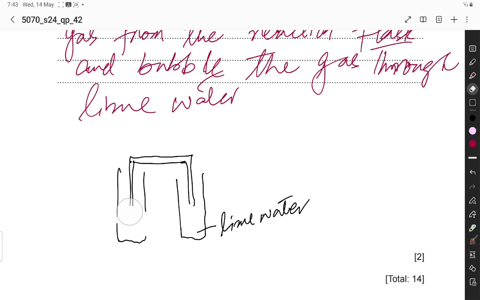This is the reaction in which carbon dioxide is evolved, and over here lime water is placed. So through the delivery tube, carbon dioxide is passed into the container of lime water, and lime water turns milky.